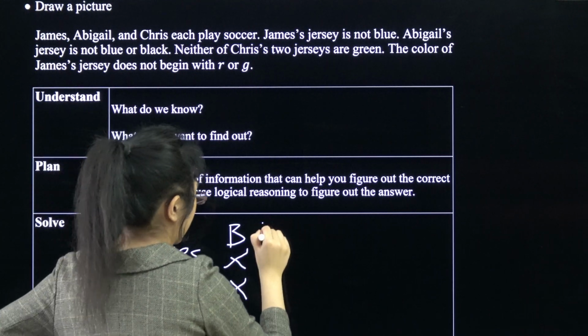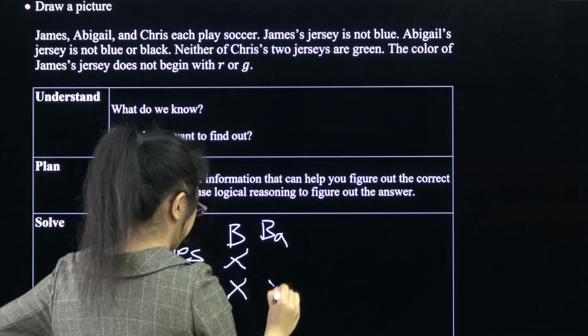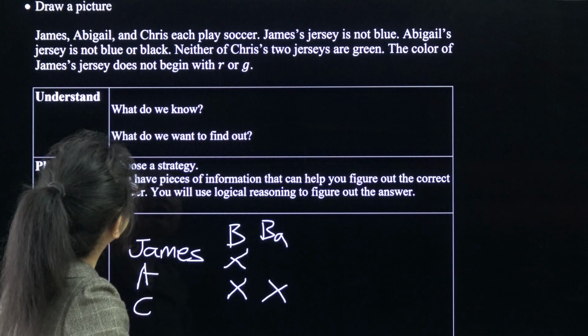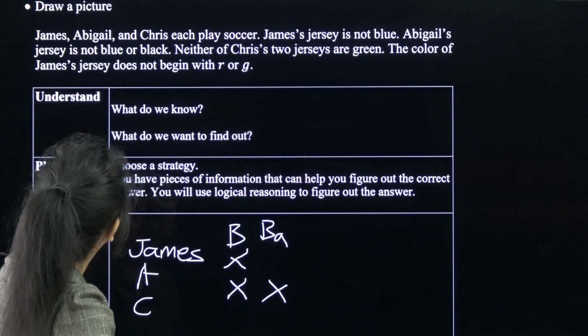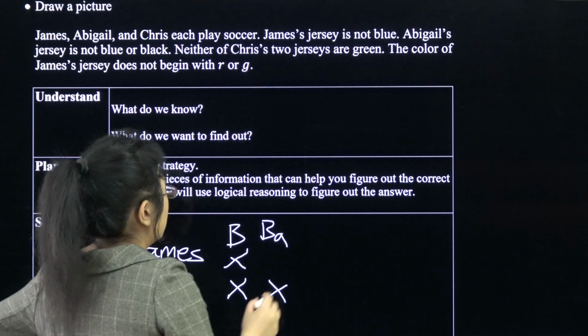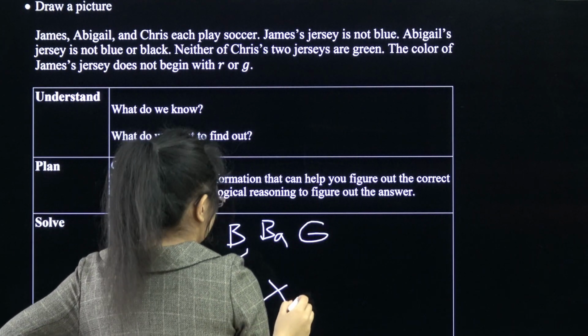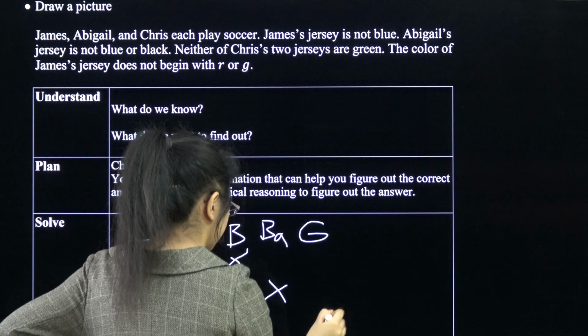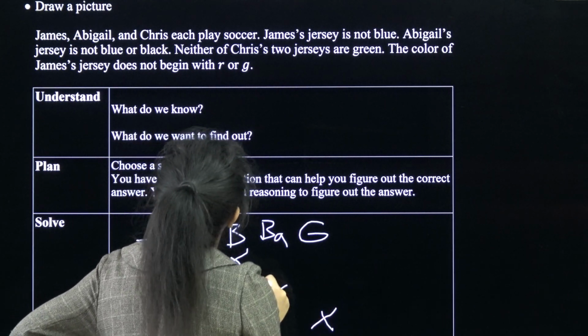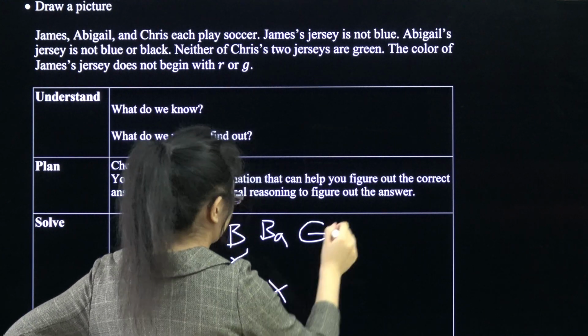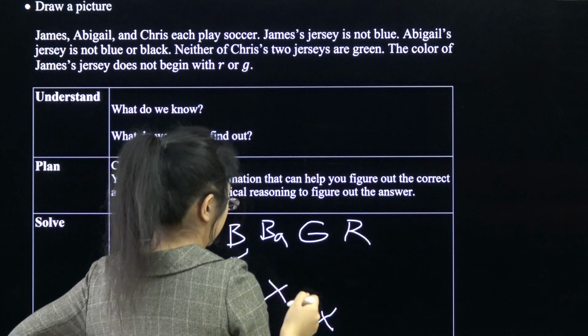Black, I'm just going to put B-A. Chris' jersey. Oh, he has two jerseys? Really? Isn't green. And the color of James' jersey does not begin with R or G. So I'm assuming red is also another color.